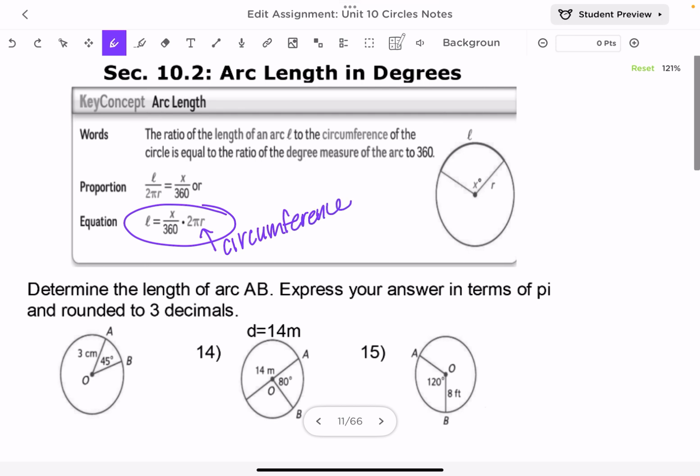What you're doing is saying, I'm going to get the circumference, but I only want this piece of it. So that x over 360, if you look at that circle over to the right, let's say that angle was 30 degrees. That 30 is what I'm plugging in for x. And I'm saying, I only want this ratio or this amount of the circumference whenever you're getting arc length.